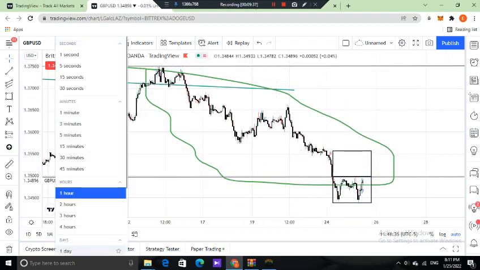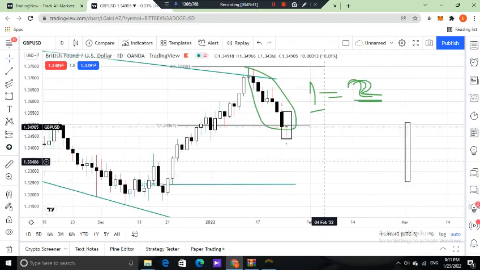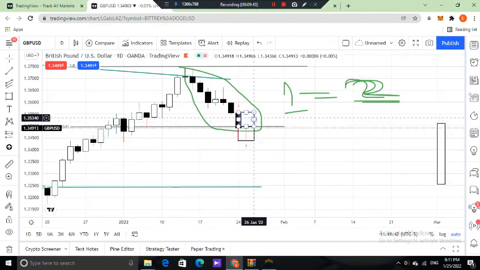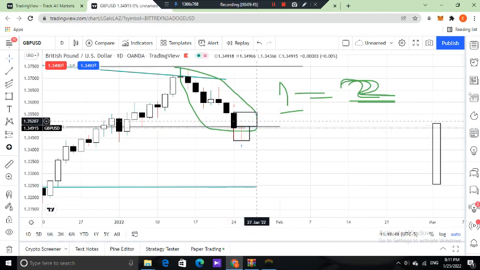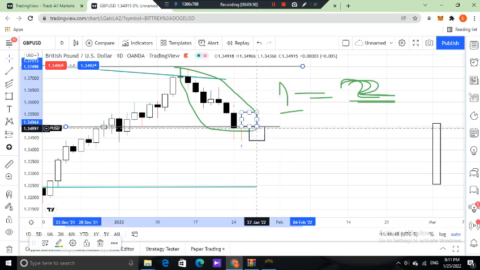And if you get back to the daily time frame, you see this box I copy pasted, this double bottom, its target would be at this candle at this price.